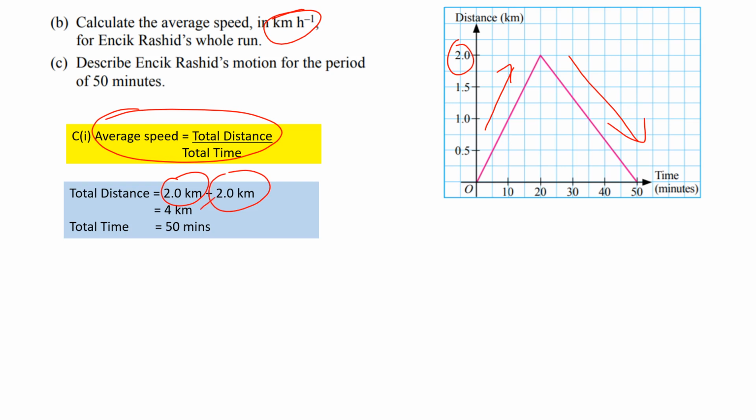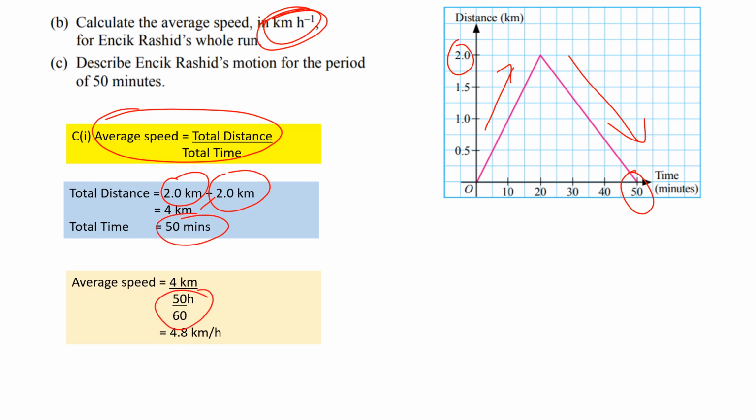Total is 4 km. Time is of course here, 50 minutes. So you just put it inside the formula. But remember, because the answer is in kilometers per hour, but here your time is 50 minutes, you have to change. You divide by 60. So you get 4.8 km per hour for the average speed.